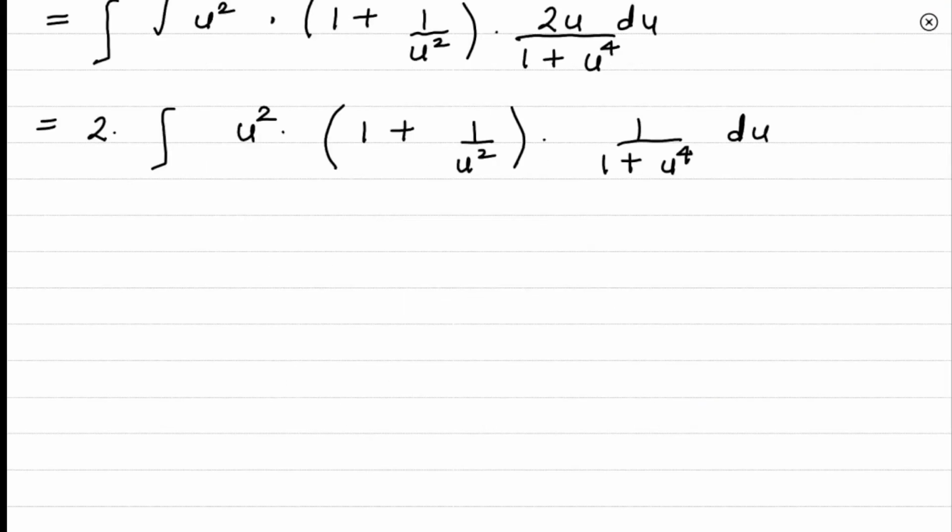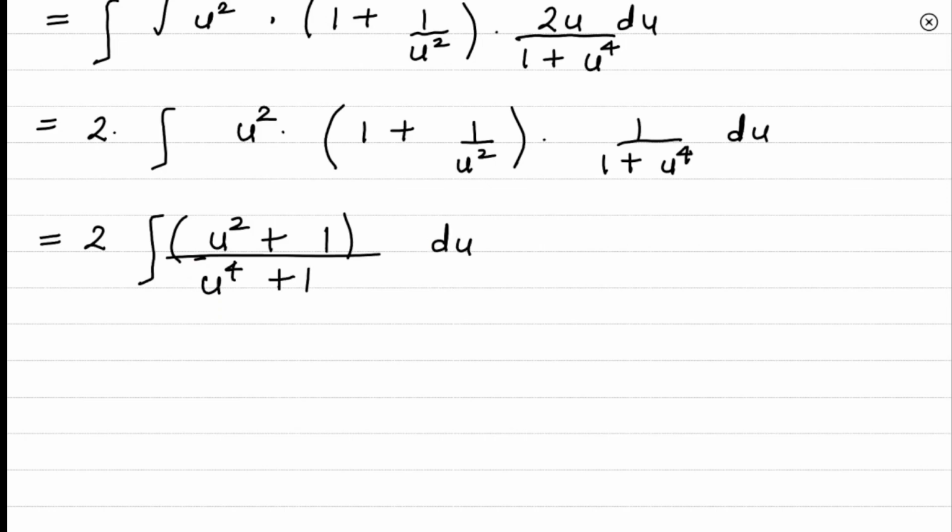So now you can simplify this by multiplying this u square inside of that bracket. So you have 2 times integral of u square times 1 is u square, plus u square times 1 over u square is 1. And in the denominator you already have u to the power 4 plus 1, and you are integrating with respect to u.